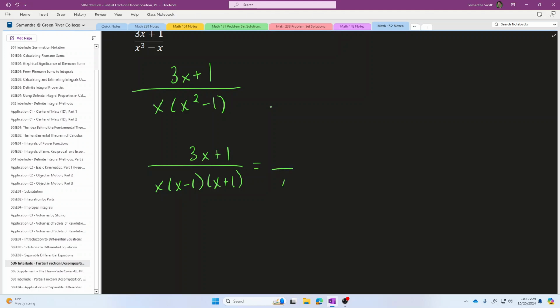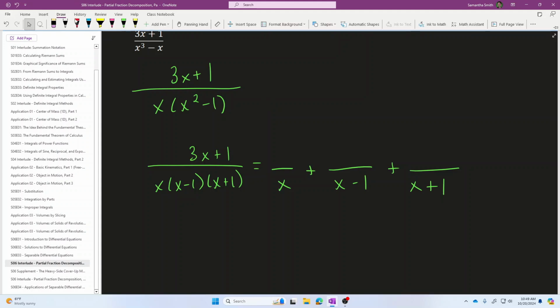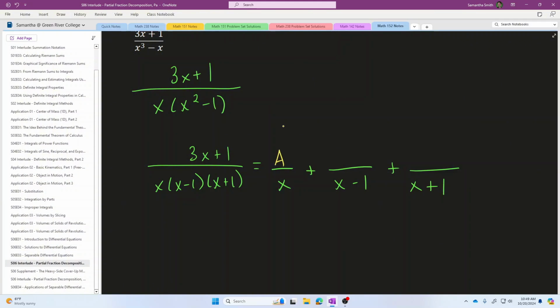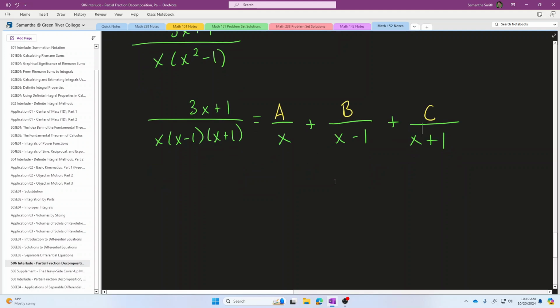And so I'm going to set up a template containing 3 fractions on the right-hand side: x, x plus 1, and x minus 1. I'm going to put an unknown constant in each of these numerators, a and b and c. My goal is to figure out exactly what values I need for a and b and c in order to make this left-hand side truly equal to this right-hand side.